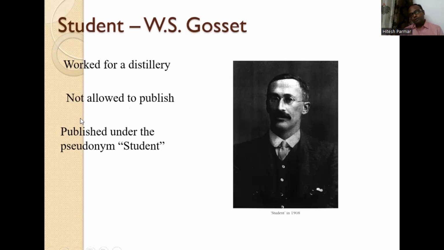So then management also agreed, and then the work was published as a student's t-test. So he gave the name T distribution, and then the work became popular as a student's t-test. So that is the brief history behind the term, why it is called a student's t-test.